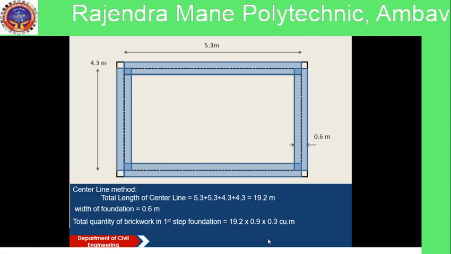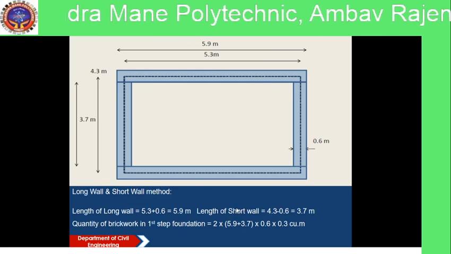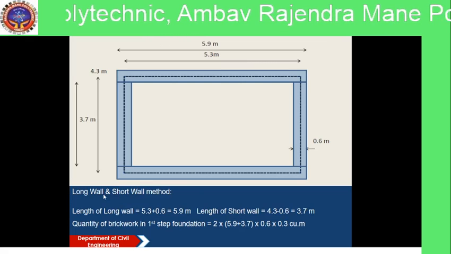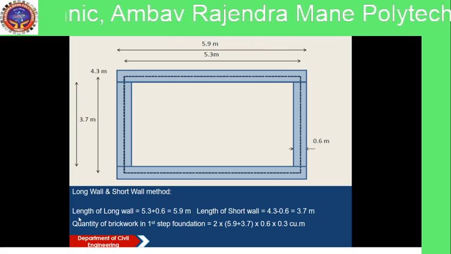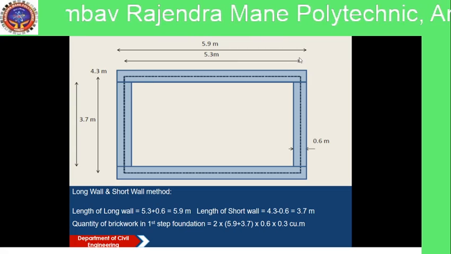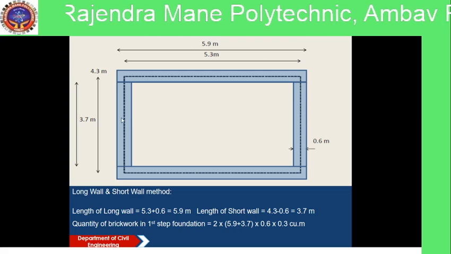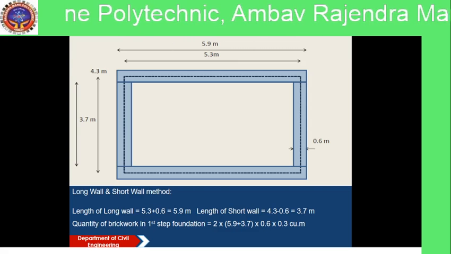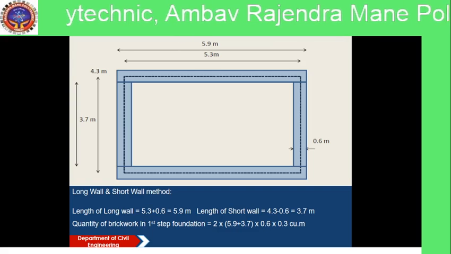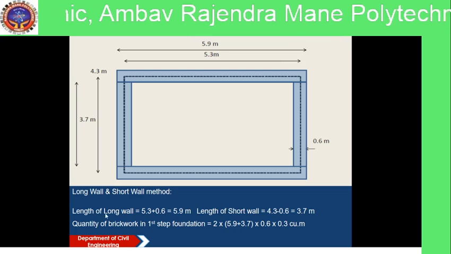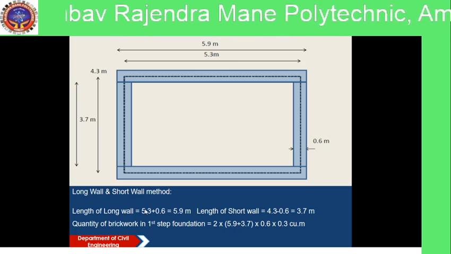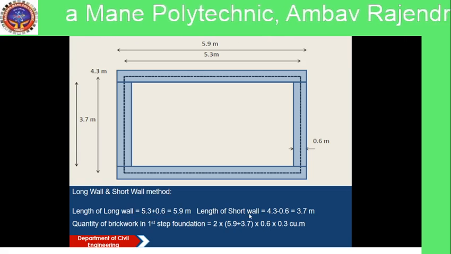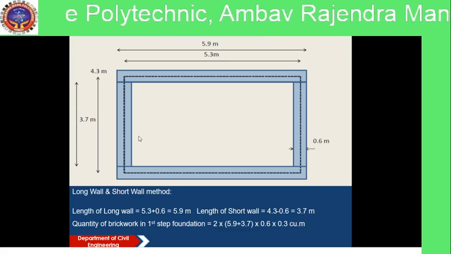cubic meter. Similarly, we will calculate by using the long wall and short wall method. Length of long wall is equal to center length 5.3 plus one width of item, 0.6, which is 5.9, and length of short wall is equal to center length minus one width of item.